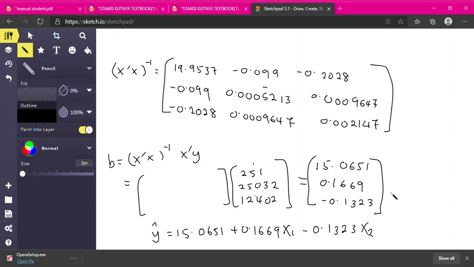That is the way you interpret, and also find the value of beta, and you can estimate or create the estimated regression function for this multiple linear regression data.